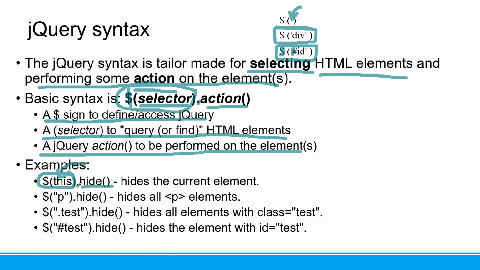So I can put dot hide, then it will hide the current element. If I want to hide the paragraph, I can write $ and then put P as the tag. And then what action will I do? I would like to hide. So I will hide all the P elements.